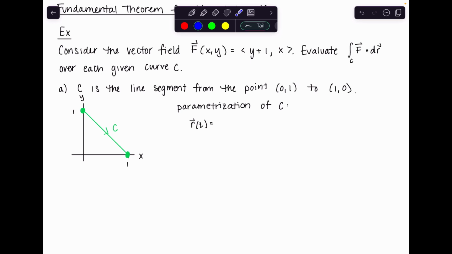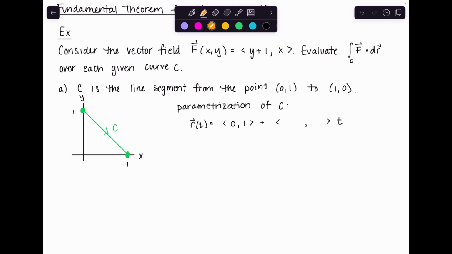So what I tend to do is I like to pick that starting point, and then I'm basically finding the distance that I need to travel in both the x and the y. So you turn your starting point into a vector, which is (0, 1). And then we're going to find the distance we need to move in the x and the y direction, and this will be multiplied by t. This is basically finding the slope.